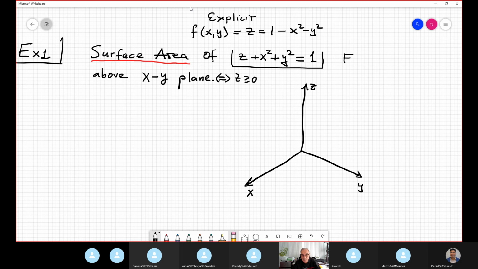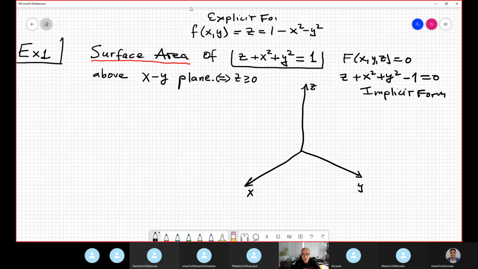Well, implicit, you know, is f(x,y,z) equal to 0. If you want, it is not exactly mandatory, equal to a constant. But it's okay, C equal to 0. So you rewrite in that way: C plus x squared plus y squared minus 1 equals 0. Okay, this is implicit. And this is explicit form. Now, my question had no answer.